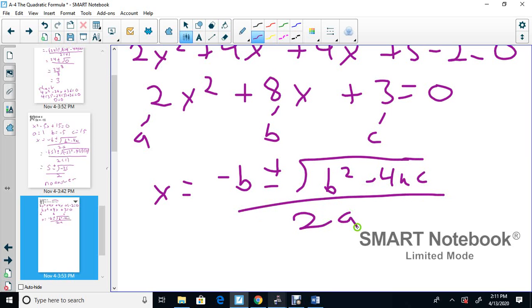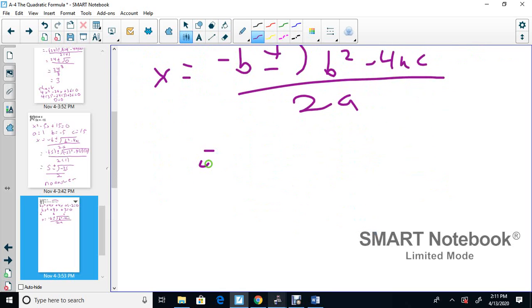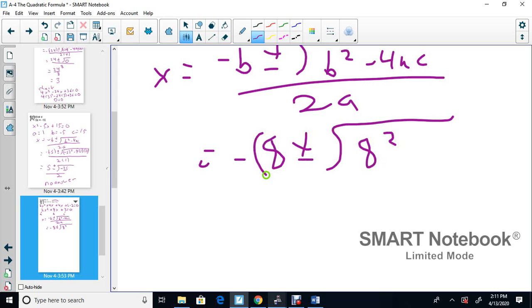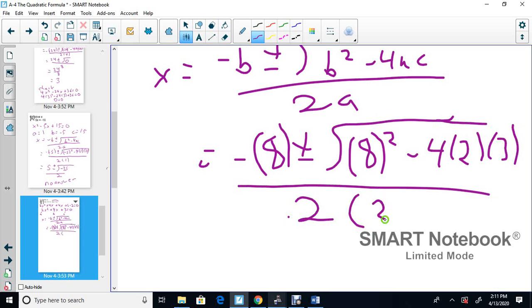I always write the formula in my answer every single time. Okay, and then I put negative 8 plus minus the square root of 8 squared, and you could put it in a bracket just in case it's a negative in a different question, minus 4 times 2 times 3. Okay, all over 2, and our a is 2.